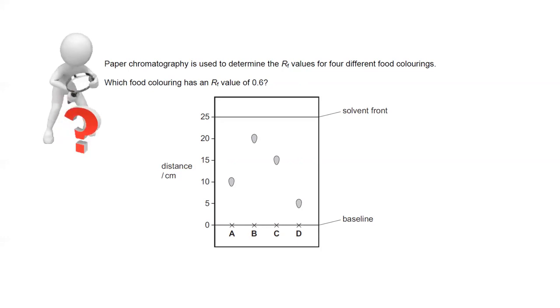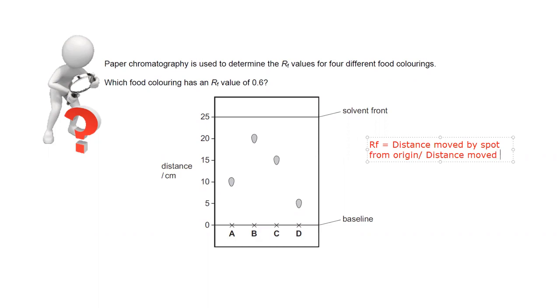The formula to calculate the RF value is the distance moved by a spot from the origin divided by distance moved by solvent front from origin.